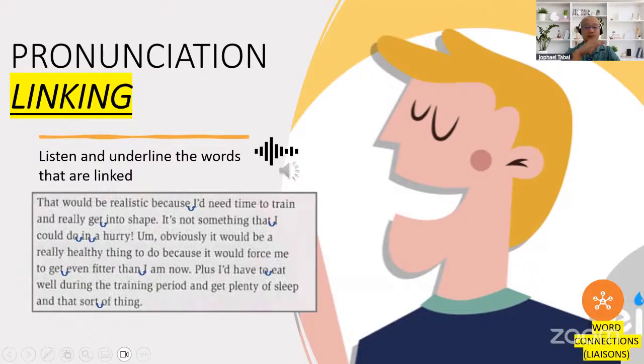So there is a smooth flow of connecting two to three words. For example, here we have then I am, instead of saying then I, or to eat, instead of saying to eat. So there is, again, a clear linking of two to three words to make the flow of the speech more fluid.